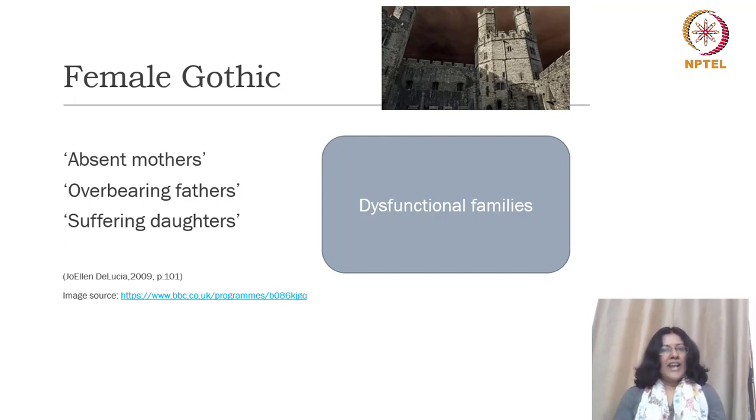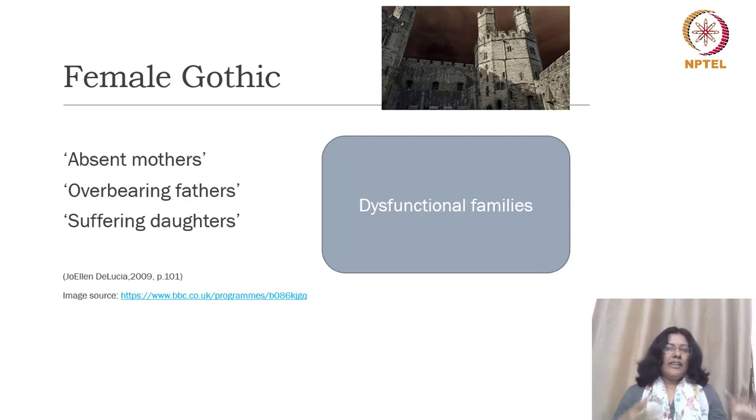So that idea of absent mothers is a common trope, a common aspect of Gothic fiction, and we do get variations of this motif in this particular novel, The Mysteries of Udolpho. We have overbearing fathers usually, and suffering daughters in the female Gothic.